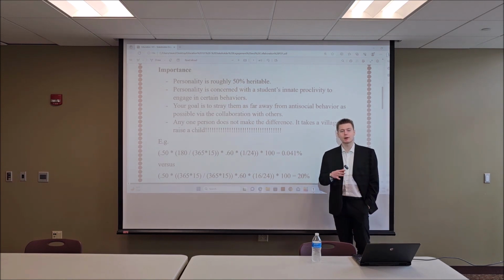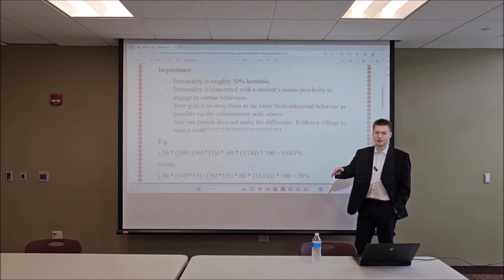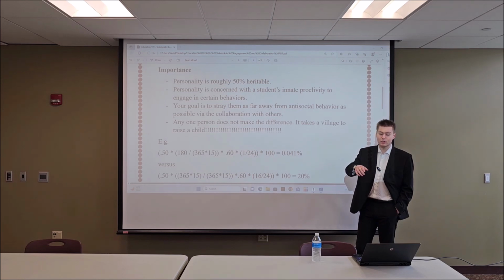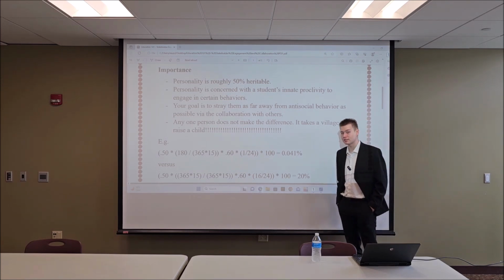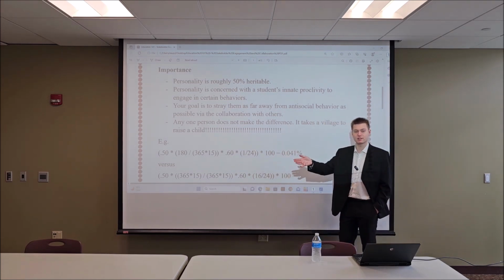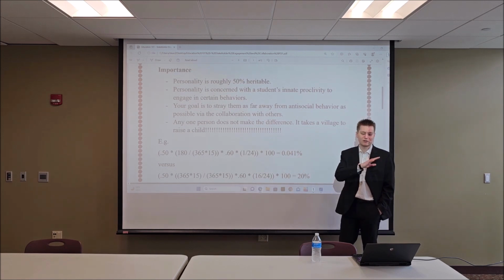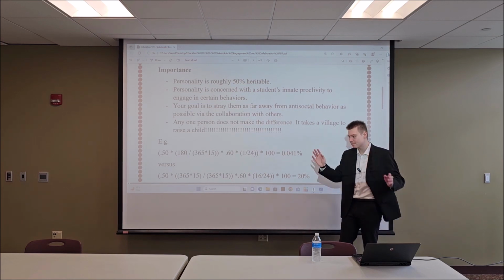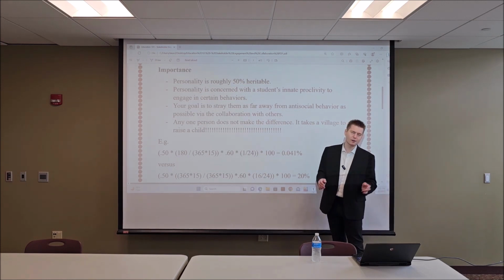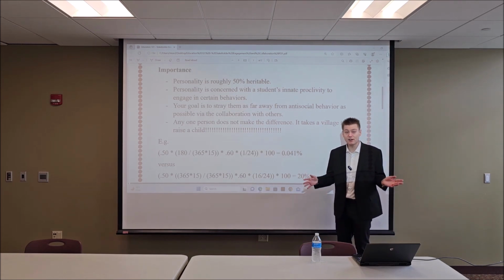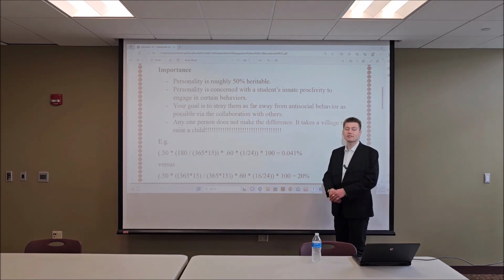So how do you come up with that little bit of an impact on a person's personality? That's assuming 50% heritability. So you start off by asking what the heritability of a student's personality is. Let's just say that they're 15 years old. We're assuming the student is 15 years old. That's an assumption. You could say they're 12 years old, or 10 years old, and fair enough, but you have to state that.